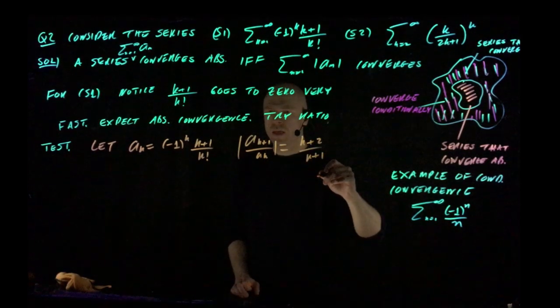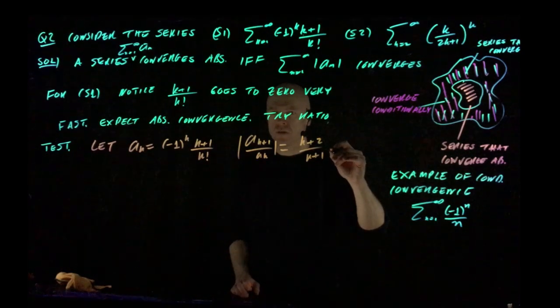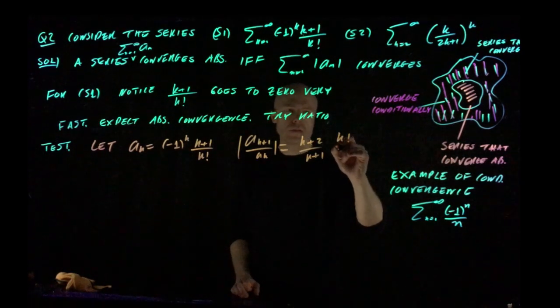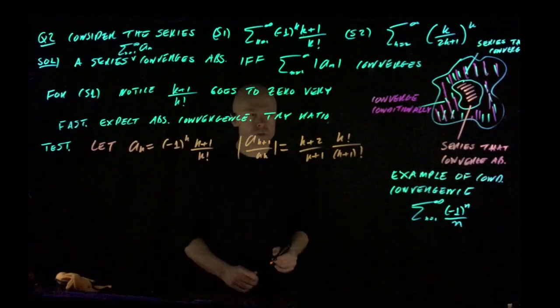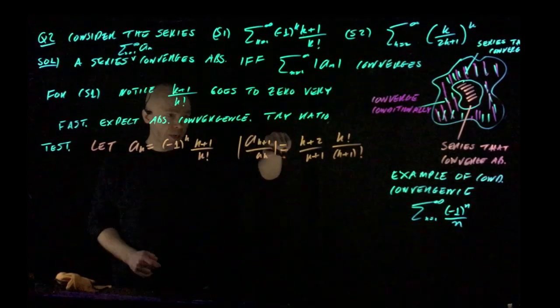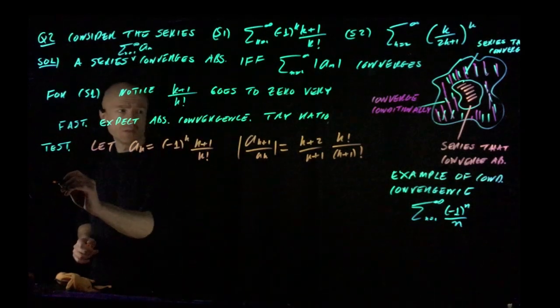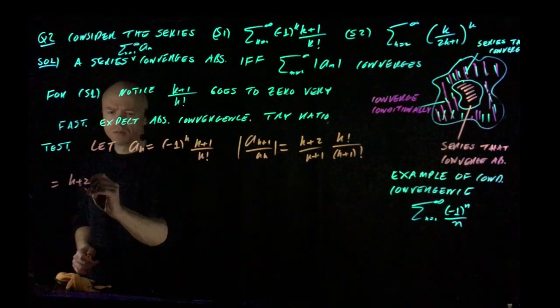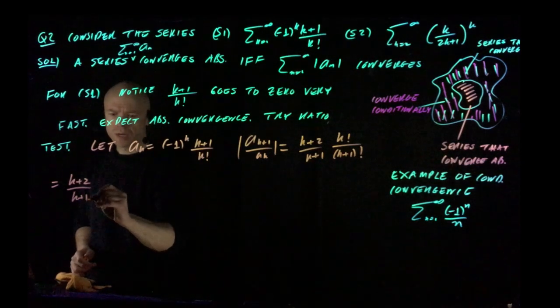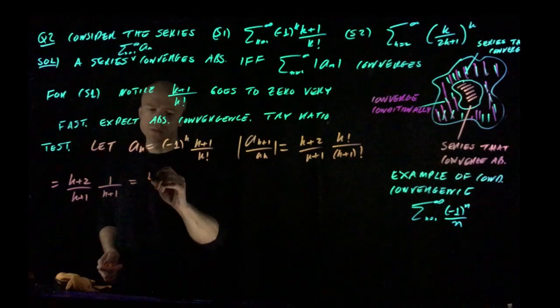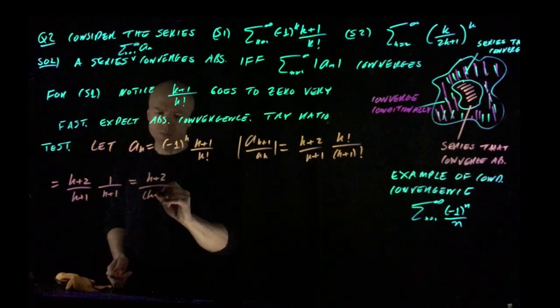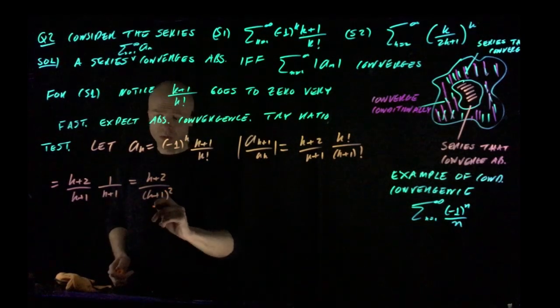And then we're going to have k factorial over (k plus 1) factorial. Right? And (k plus 1) factorial is (k plus 1) times k factorial. So that is (k plus 2) over (k plus 1), times 1 over (k plus 1). So it's (k plus 2) over (k plus 1) squared.